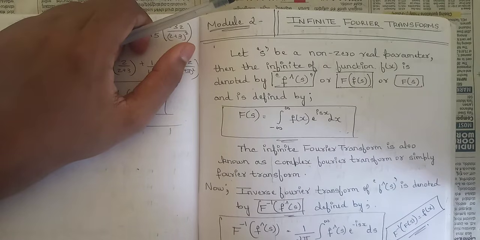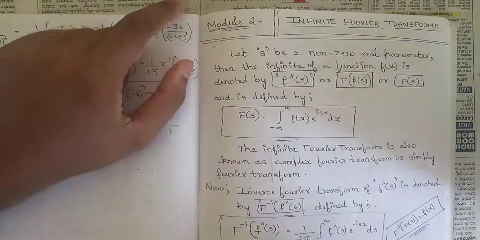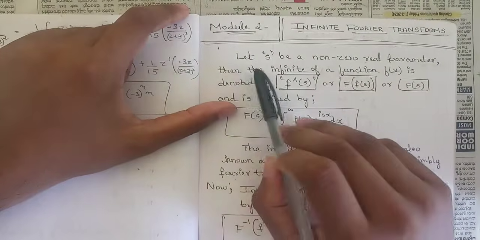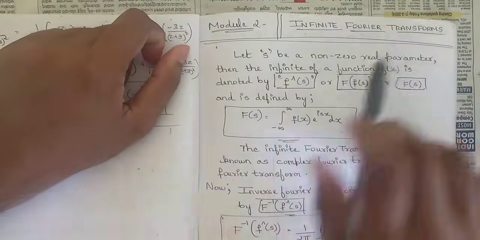Okay, so let's go with the definition first of all, like how this is represented mathematically. Here it says that let s be a non-zero real parameter.